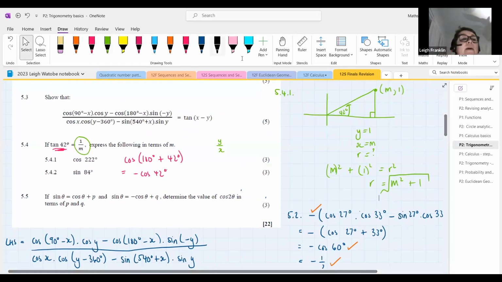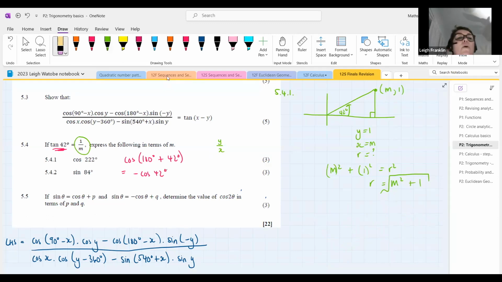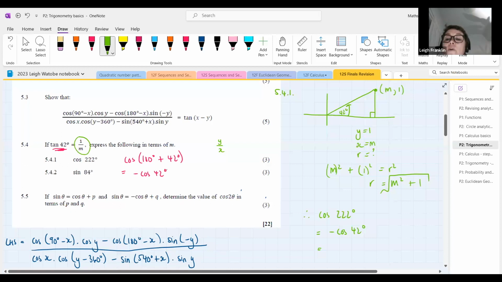So as far as the rest of our solution for this question is concerned, let's just get rid of that question as well. Now we can go ahead and say that the cos of 222 degrees is equal to negative cos 42, and that's x over r.